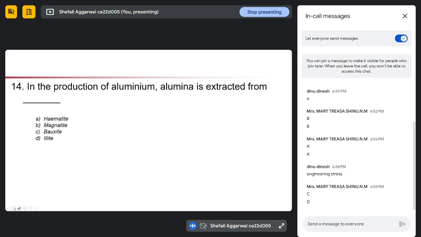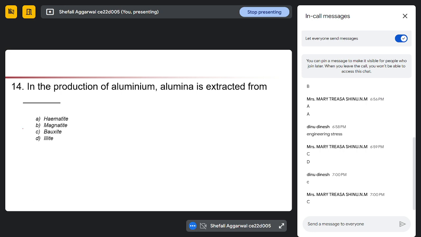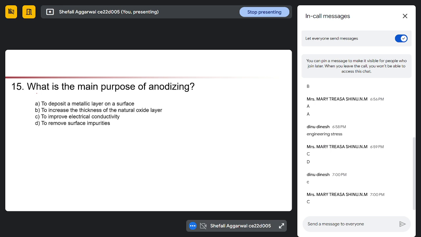In the production of aluminium, alumina is extracted from hematite, magnetite, bauxite, or rhyolite. Bauxite is the raw material used for the production of aluminium. The 15th question is, what is the main purpose of anodizing?